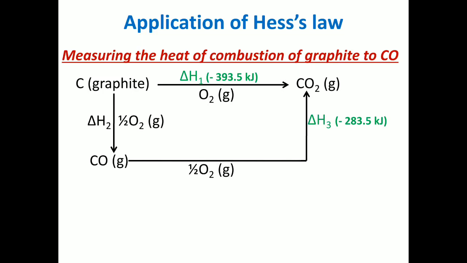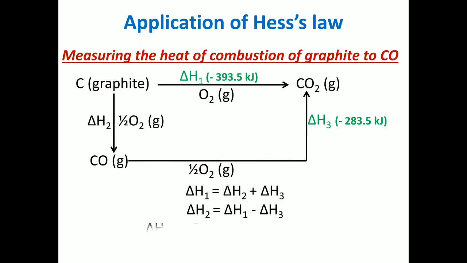From this data, the enthalpy of combustion of graphite to CO can be calculated by applying Hess's law. So according to Hess law, del H1 is equal to del H2 plus del H3. Here del H2 is the enthalpy of combustion of graphite to CO. Therefore, del H2 is equal to del H1 minus del H3.